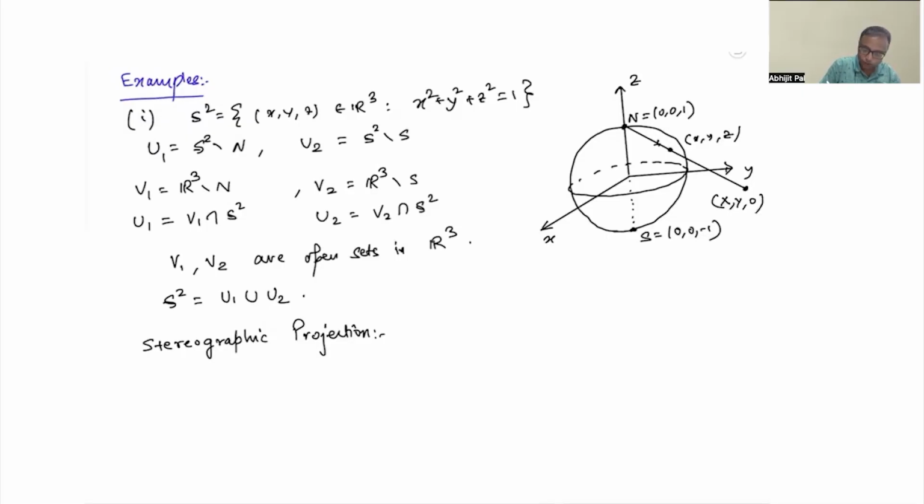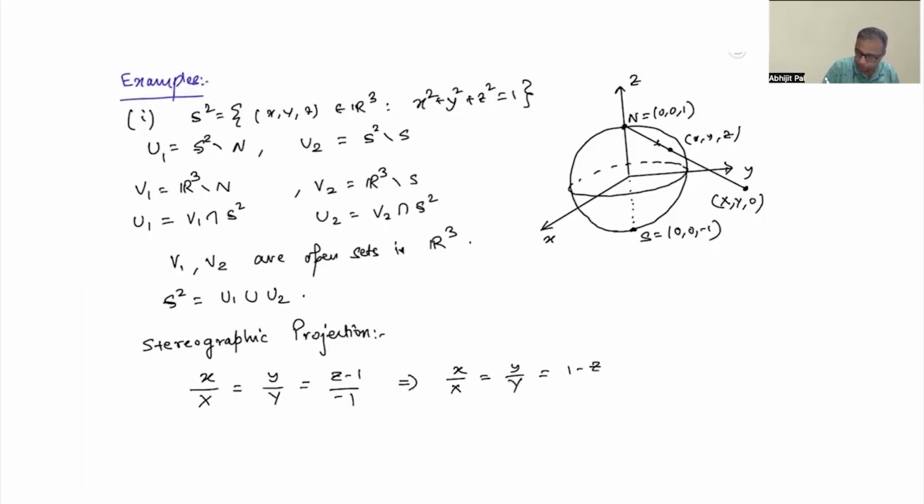Okay, so from the equation of the straight line, what you can write is x by capital X equal to y by capital Y equal to z minus 1 by minus 1. So this will imply that x by capital X equal to y by capital Y is equal to 1 minus z.